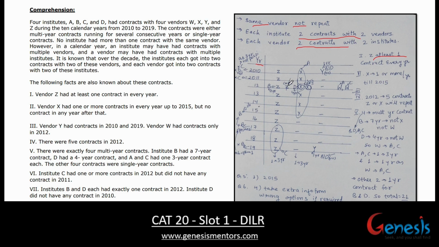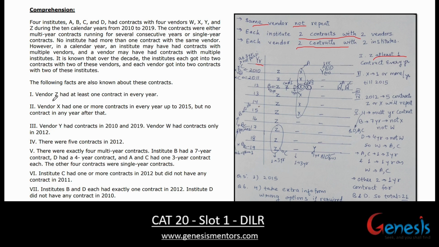As per the first condition, vendor Z had at least one contract in every year, so I have represented Z from 2010 to 2019, but at least one contract means Z can repeat in some year. At least once it will come.